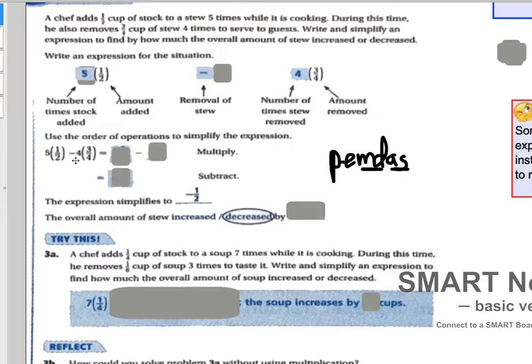And then we have to simplify, and again, I love the use of a squiggly line to separate. So this is a term over here, and this is a term. So 5 times 1/2, I believe, is 5/2. That's a 5, sorry, it looks like a 3. And then 4 times 3/4 would be 12/4, I believe.